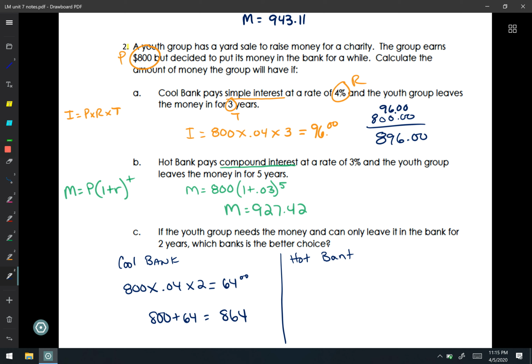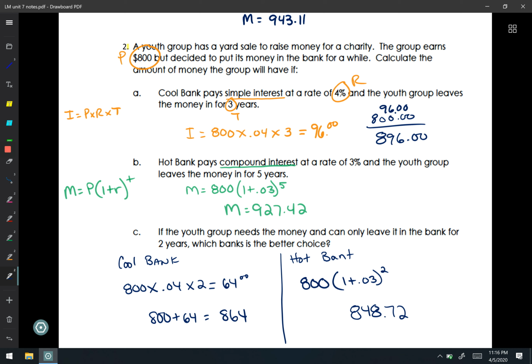Hot Bank, we have to go back and use the compound interest formula, which we see up in the green. Go 800, 1 plus our R is 0.03, and our time here is only 2 years. We put that in our calculator and we get an answer of 872.